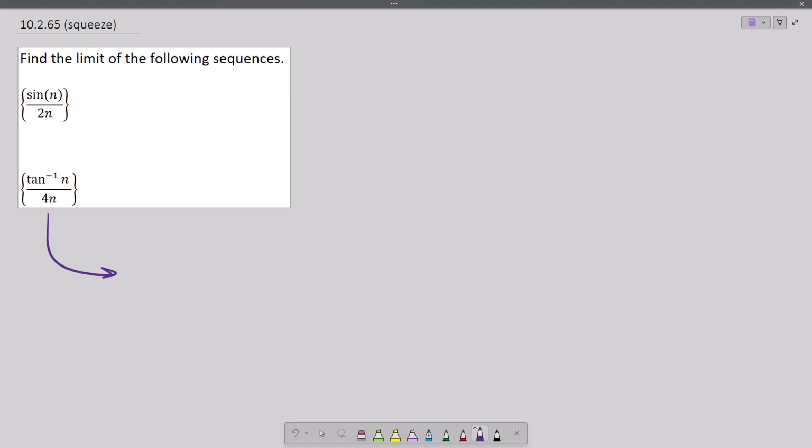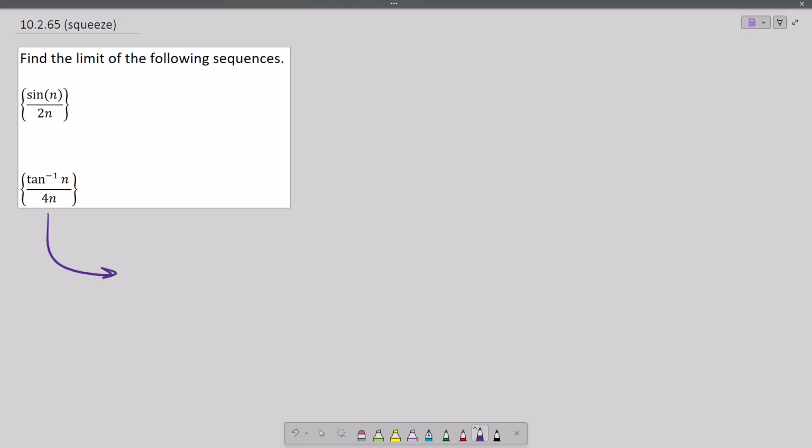Whereas with this one, when n goes to infinity, what happens to sine? The limit of sine as n goes to infinity is, it's not 1, because doesn't sine oscillate? So all we can say about the limit of sine as n goes to infinity is that it doesn't exist because it oscillates.